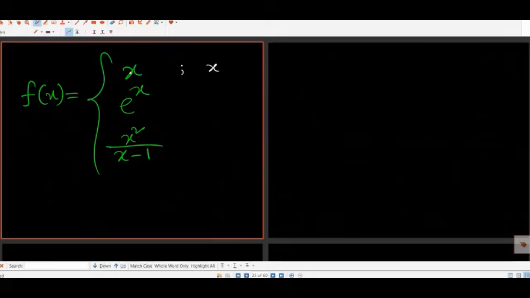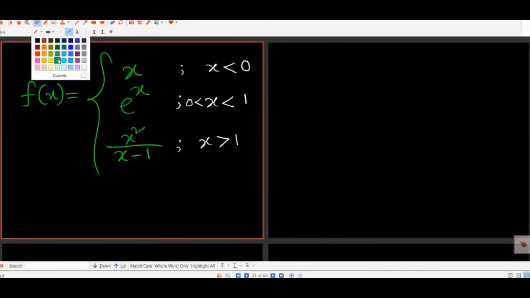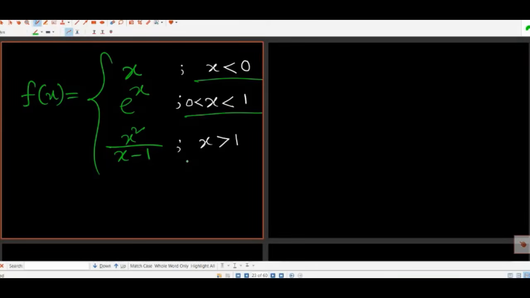So let's say the first part is defined for x less than 0. The second one is for 0 less than x less than 1. And the third one is for x greater than 1.